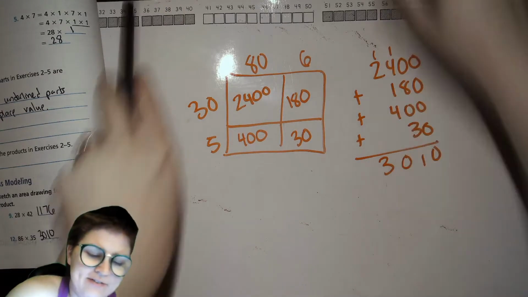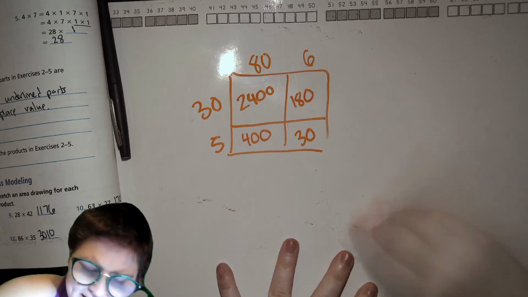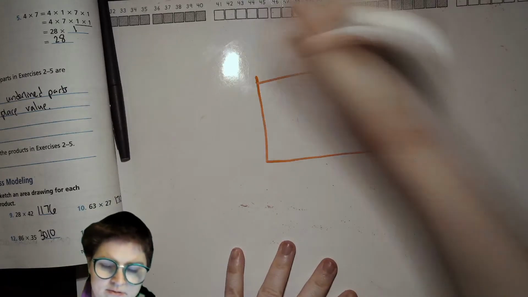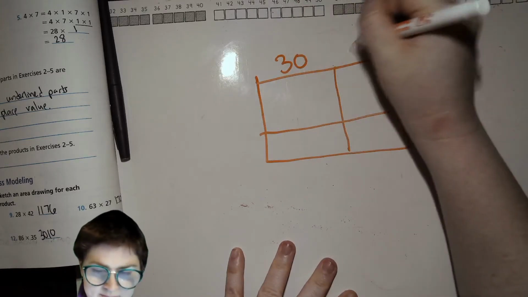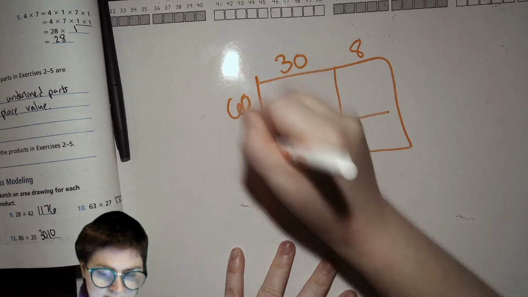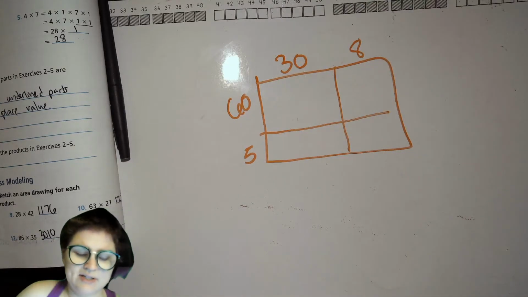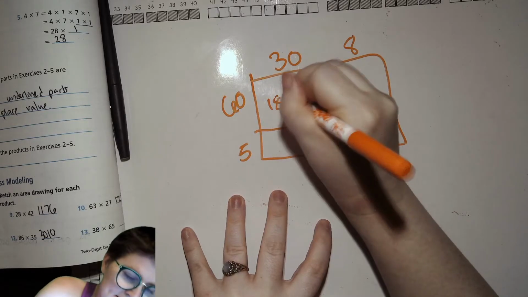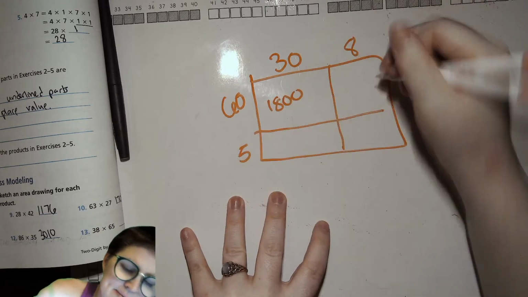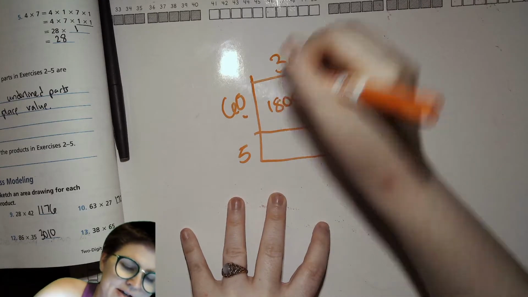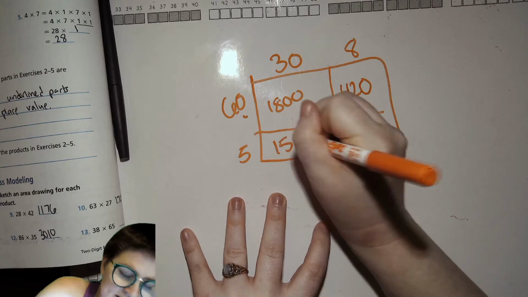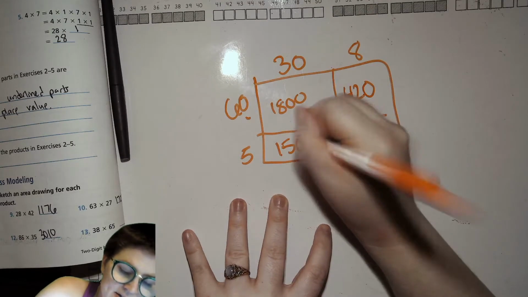Okay, final one. Go ahead and, even if you haven't done one without me before, go ahead and give this one a try. Three times 6 is 18, so 1,800. 6 times 8, 42, but it's tens, so 420. 3 times 5 is 15, so 5 times 3 tens is 150.